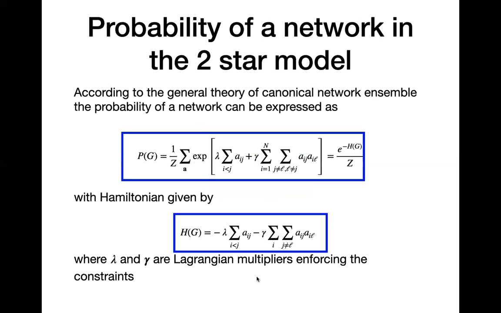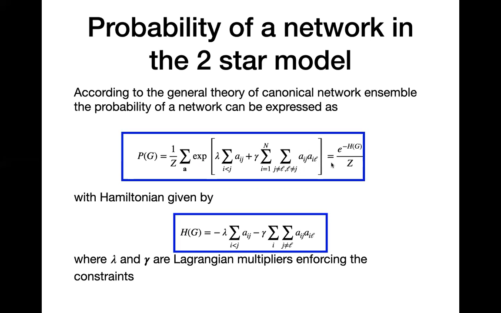So let's see. This is a canonical ensemble. So practically the probability of the network is just given by the well-known exponential form in which we have a first Lagrange multiplier, which we call lambda, and then the f of g that fixes the number of links, the constraint. And then we have the second Lagrange multiplier, and then the structural expression of the constraint on the number of wedges.